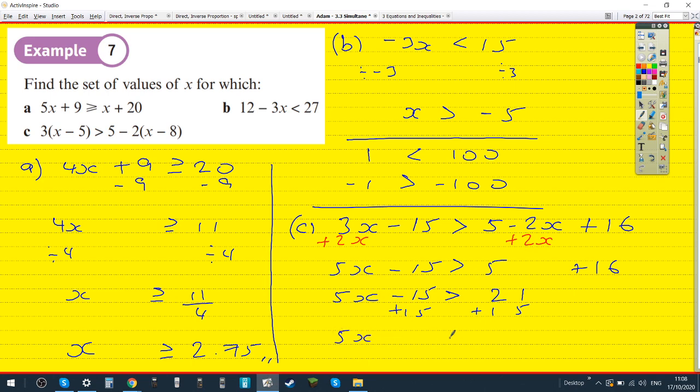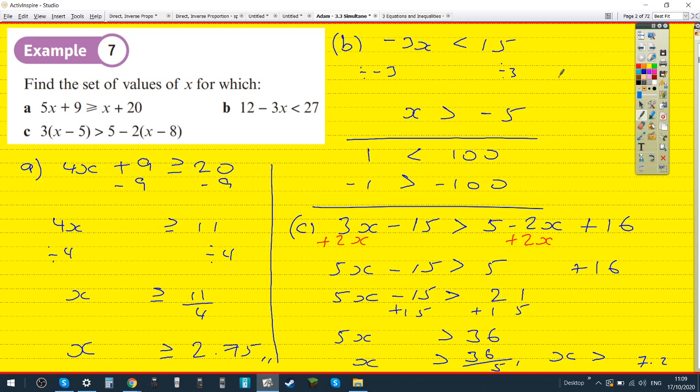And then you divide by 5 on both sides, which would be x is greater than 36 divided by 5. 36 over 5 or 7.2. That's it. Great.